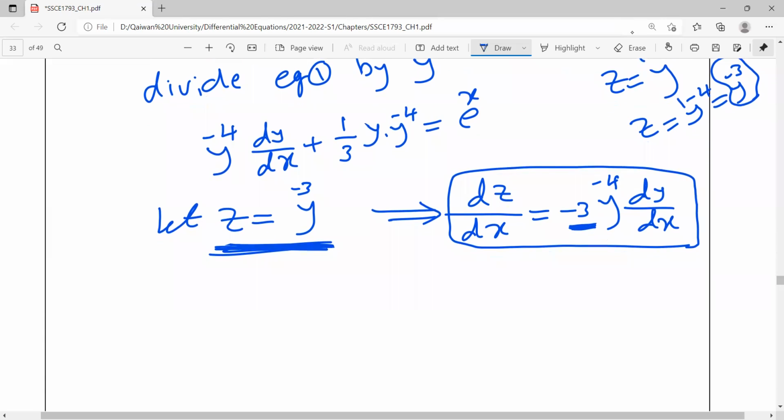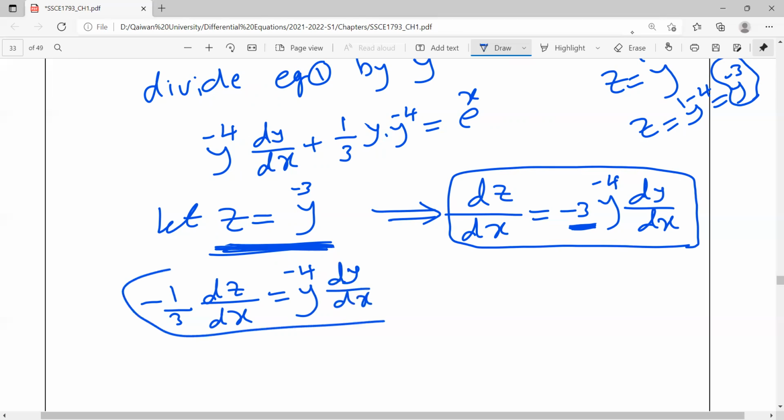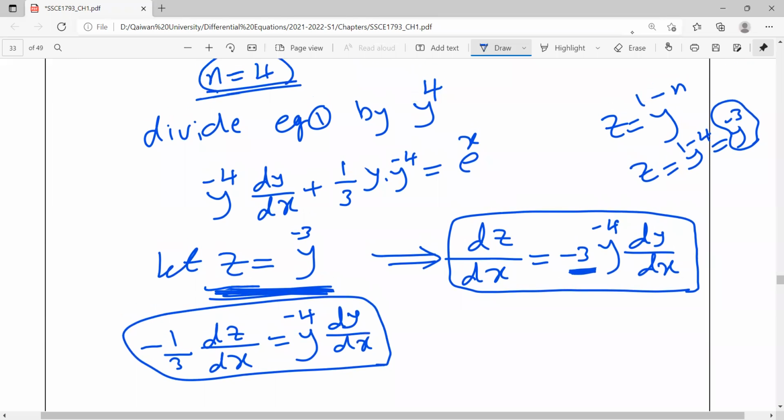What do we get? We get minus 1/3 dz by dx equals y to the power minus 4 dy by dx. We use this substitution, and we also replace each y to the power negative 3 by z.